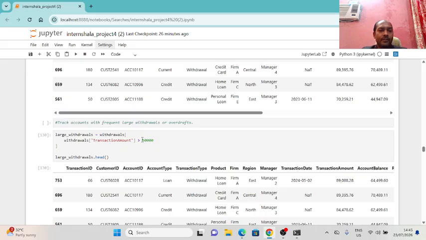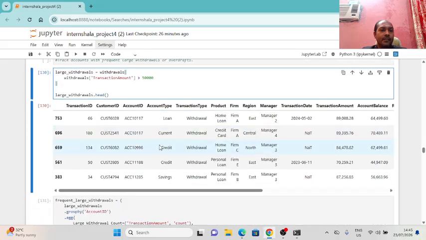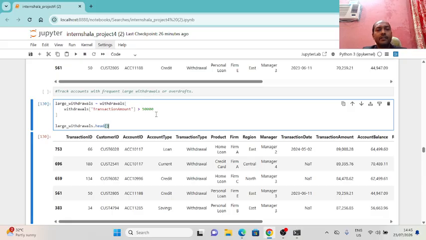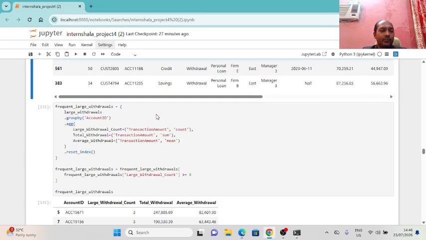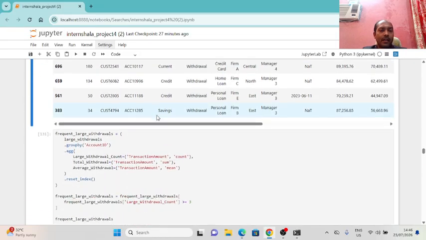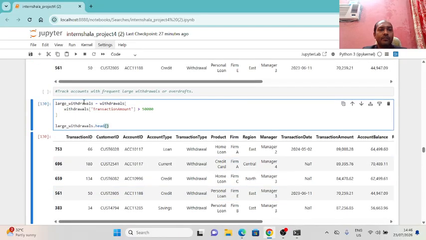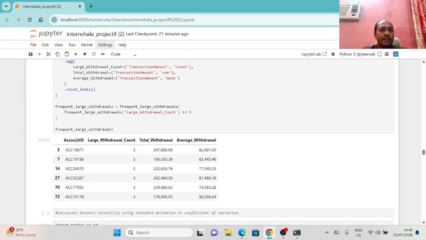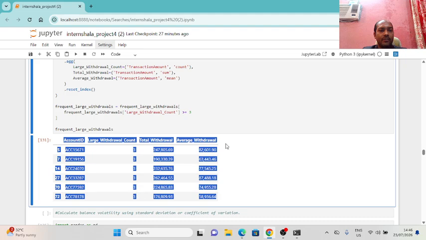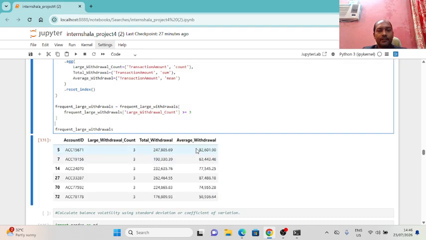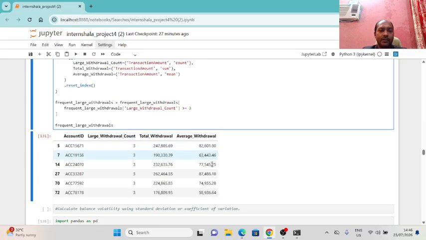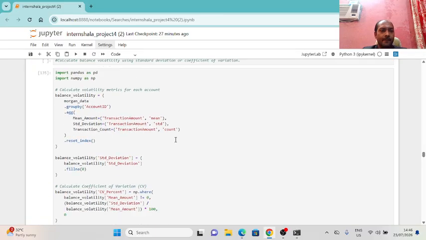I have segmented it so that if there is a transaction above 50,000, that is the high withdrawal, and if there is a transaction between 20,000 and 50,000, that is the medium withdrawal, and below 20,000 is the low withdrawal. On the basis of this data, I have found that these accounts have frequent large withdrawals, where all withdrawals are larger than 50,000 in a month.